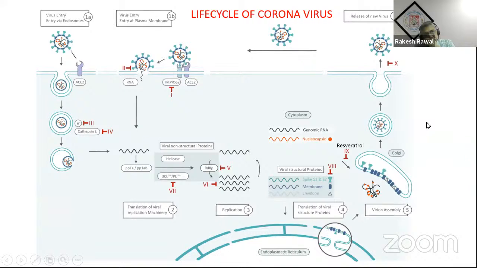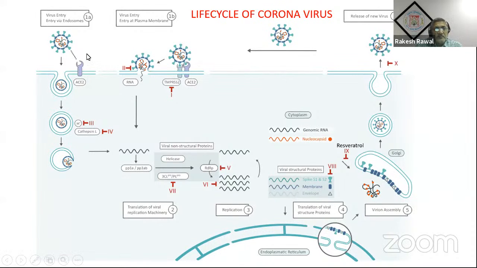So why are we looking at this? Because if you closely look at this viral replication cycle, you will find the possible stages where we can play some role while designing antiviral drugs.